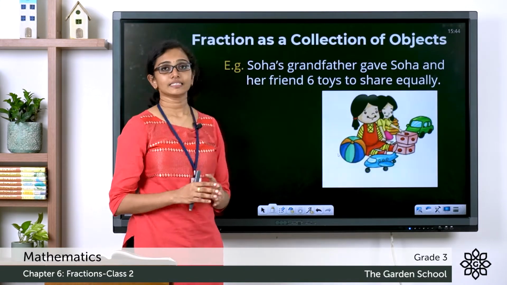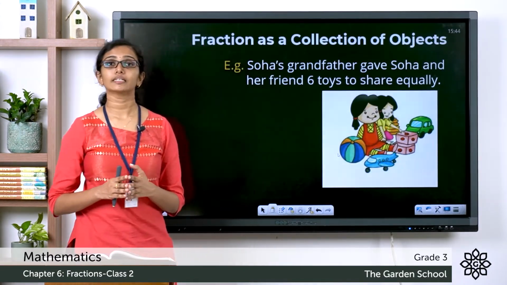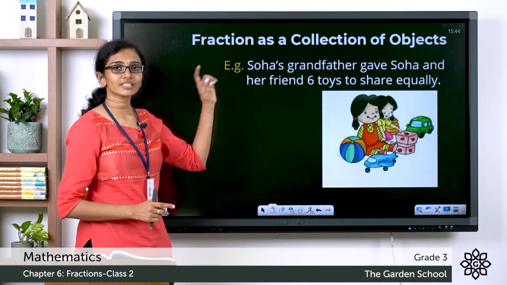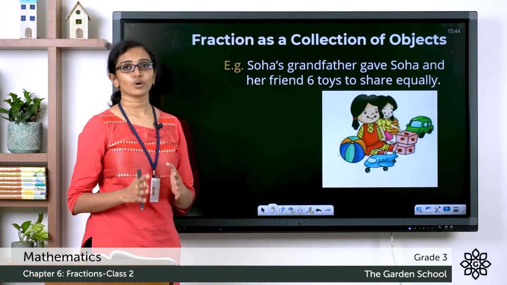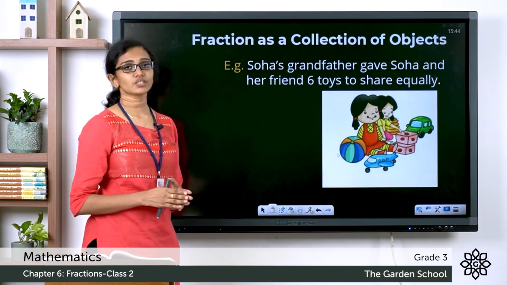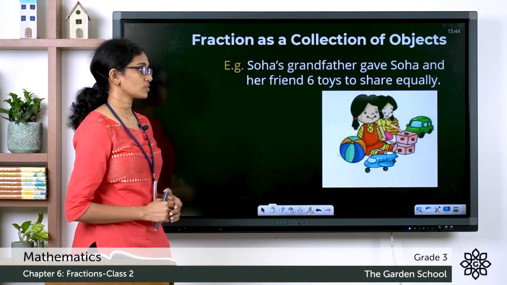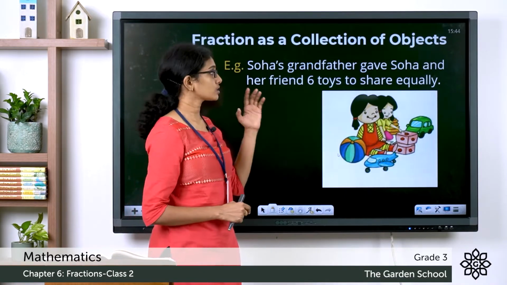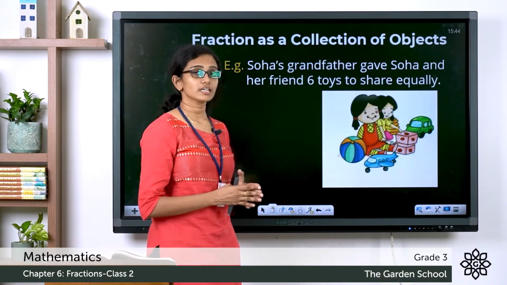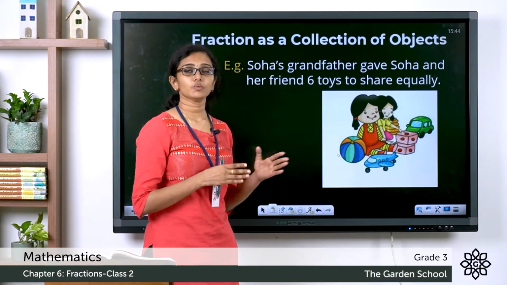Now, let's see how we can represent a fraction as a collection of objects. Look at the question given here. Soha's grandfather gave Soha and her friend 6 toys to share equally. So here you can see Soha and her friend, and they got 6 toys, and her grandfather wants her to share them equally with her friend.